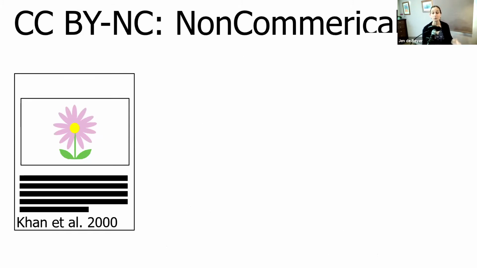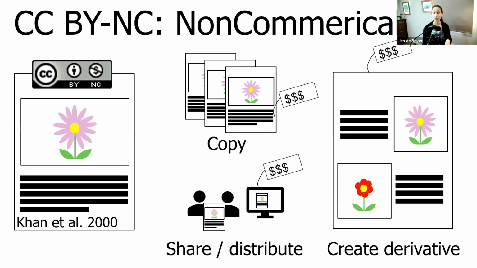The other one that you'll bump into a lot is the NC designation, which means non-commercial. So a CC BY-NC license means you can do whatever you like with the work again. You can copy, share, distribute, create derivatives. You have to say where it comes from. And also this time, you can't use it within commercial products. Commercial is funny, and I can't give a good definition for that here. It goes beyond the scope of what I understand.